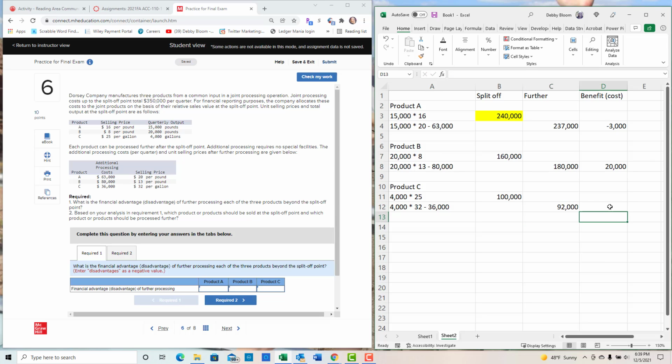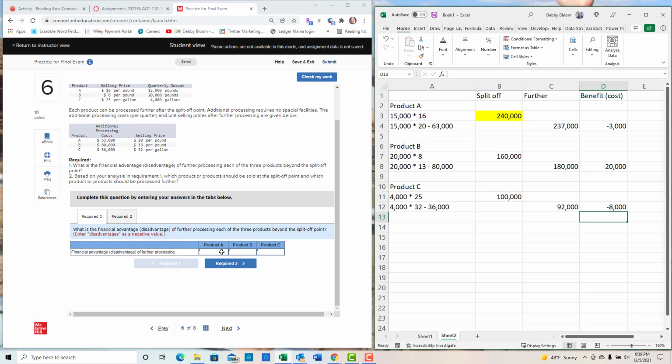So again, to calculate the benefit or the cost, I take the further processing, subtract the sale at the split-off point, and making the decision to process further will hurt my profitability or my revenue by 8,000. So product A has a $3,000 disadvantage. Product B has a $20,000 advantage.